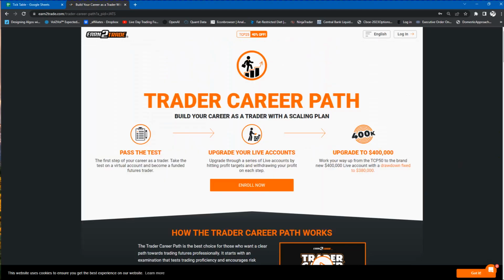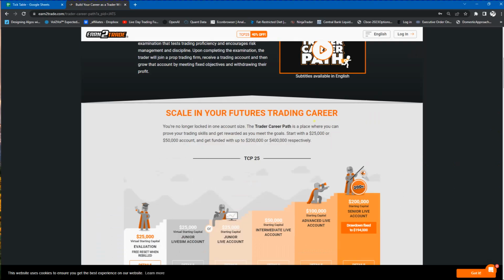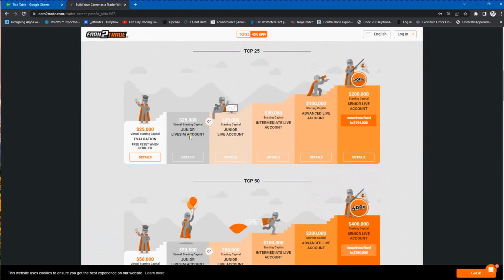The trader career path allows you to scale in to a program. So you can start with a small amount of risk. So your profit target is $1,500. They would like you to trade 15 days. And so if you put $1,500 over 15 days, that's $100 a day. That's minimal, right?